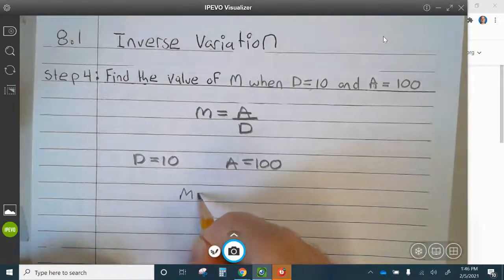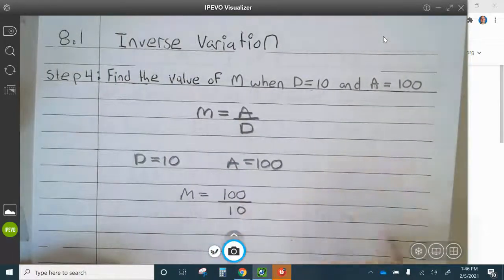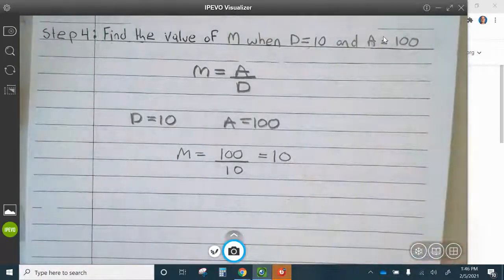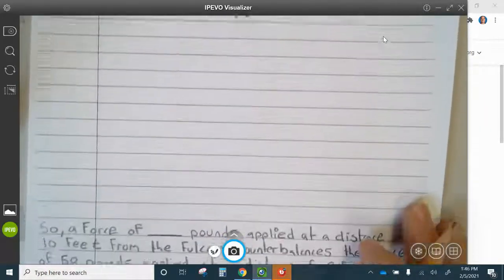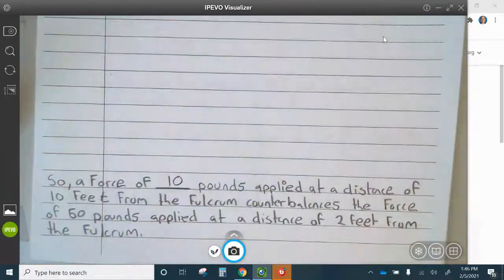So m equals 100 divided by 10, which is 10. So a force of 10 pounds applied at a distance of 10 feet from the fulcrum counterbalances the force of 50 pounds applied at a distance of 2 feet from the fulcrum.